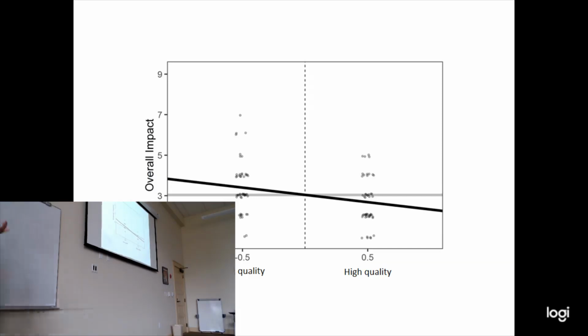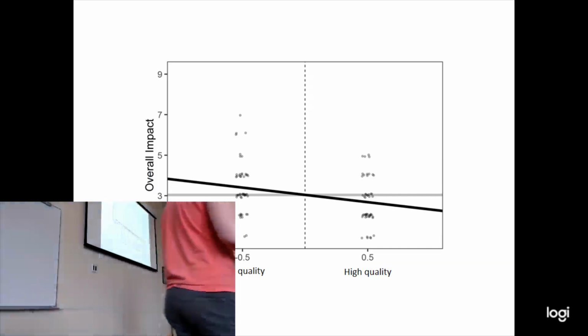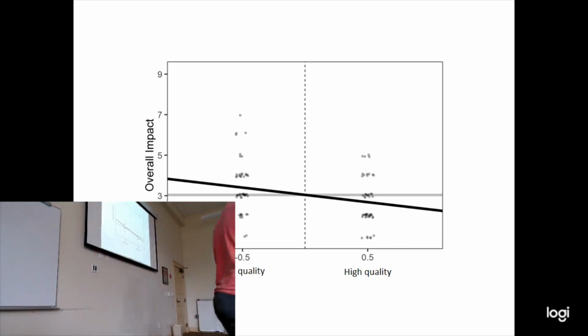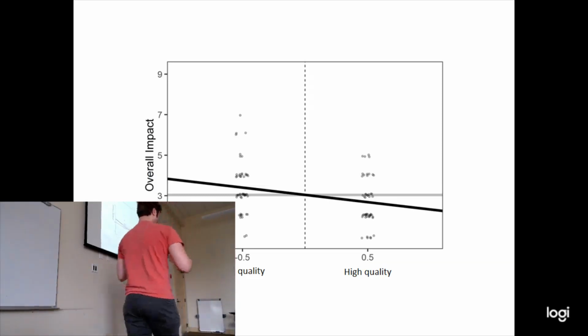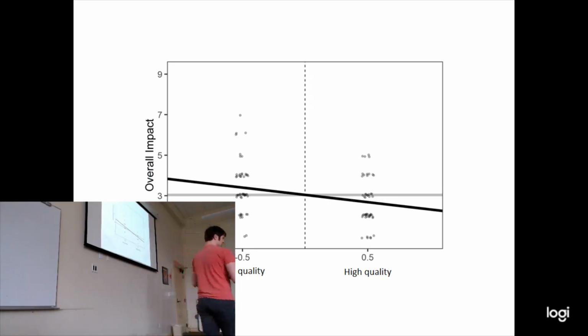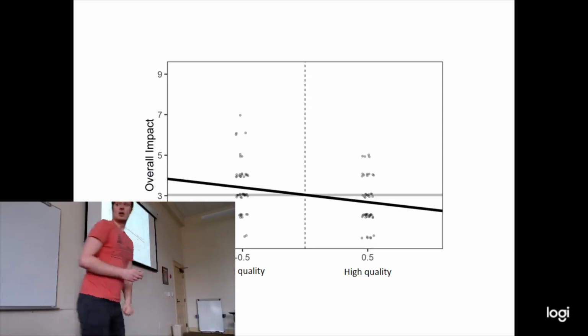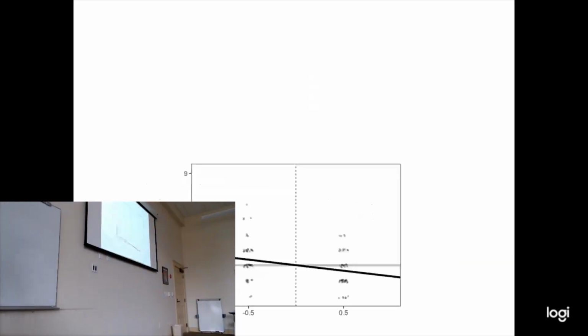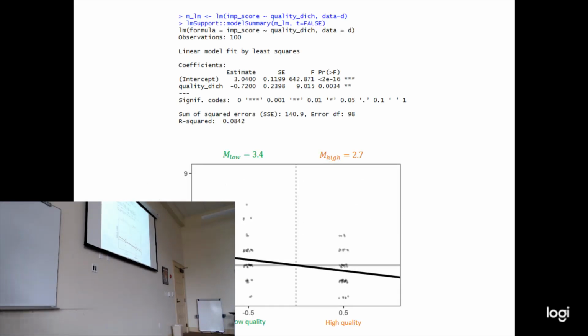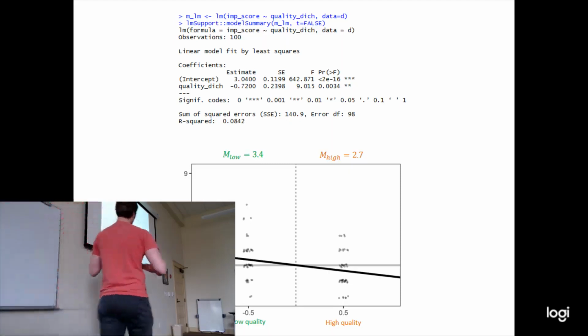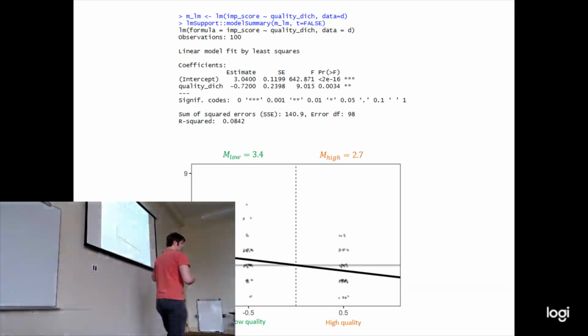There's going to be some slope where that's best in the sense that it minimizes those sum square errors, but it makes it so that our predictions are at least wrong. And that line might be this. And if you fit a model in R, this is the kind of output that you get.